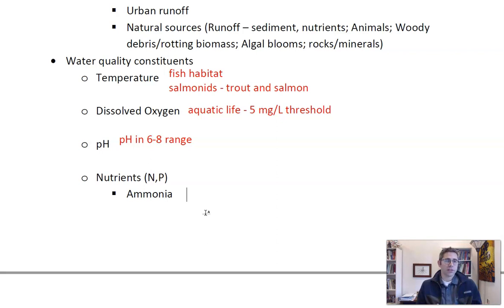Waste from animals contains ammonia, including our waste, but the fish waste contains ammonia, and if it gets too high, it can actually be toxic to fish. So the level itself can be toxic. But there's a second reason we care about ammonia, and that is that it exerts a BOD.